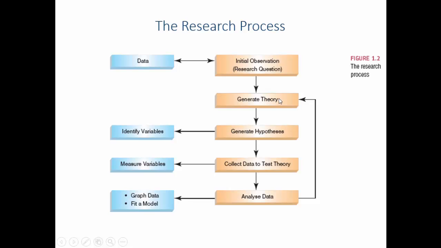So really, by definition, a theory, if you want a simple two-word definition, you could say that a theory is a causal explanation. We certainly could give a longer definition that a textbook would typically give, but when you really think about it, a theory in psychology is going to explain some behavior or set of behaviors or pattern of behaviors.